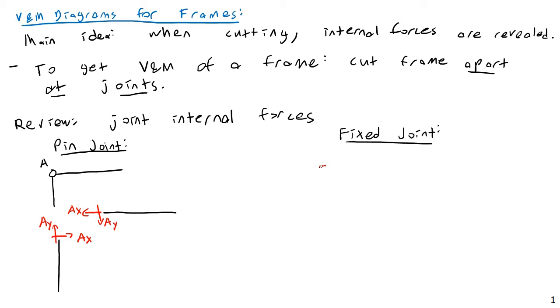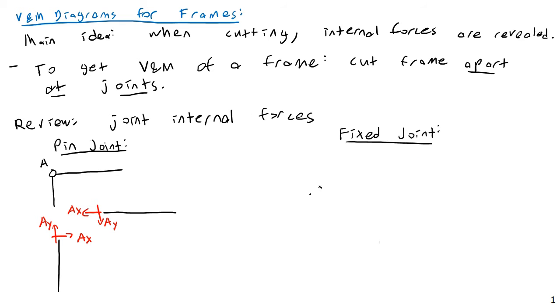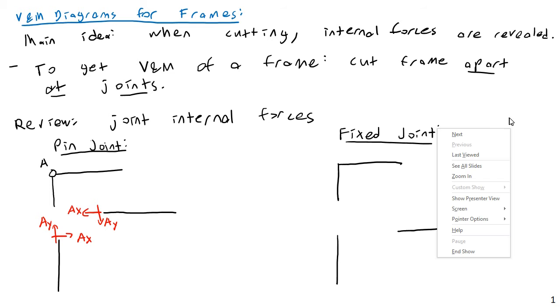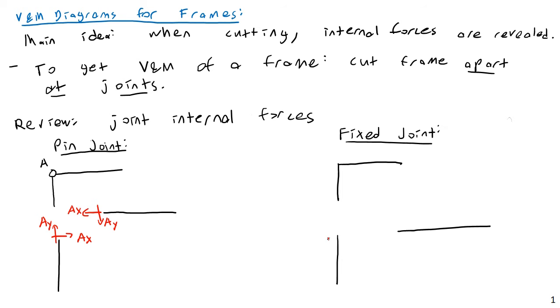The same thing applies in the x direction. And a fixed joint will be indicated by simply one member going into another, like this. If I draw this in exploded view, I would have this here and this here. I'm going to have three internal forces, the same as a pin joint, but with a moment also being transferred through the joint.